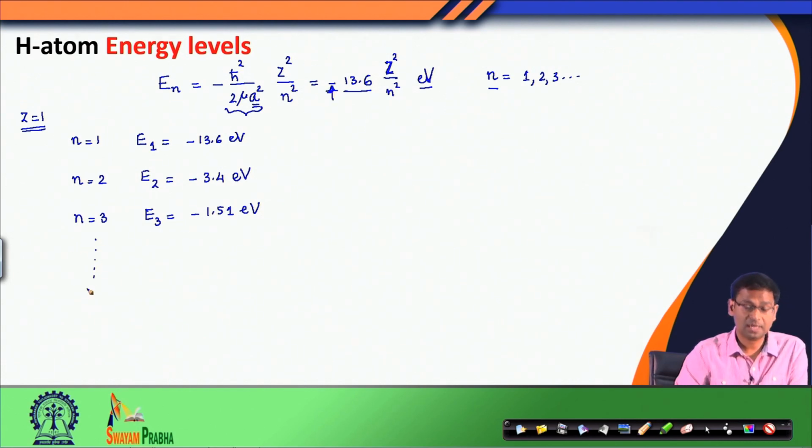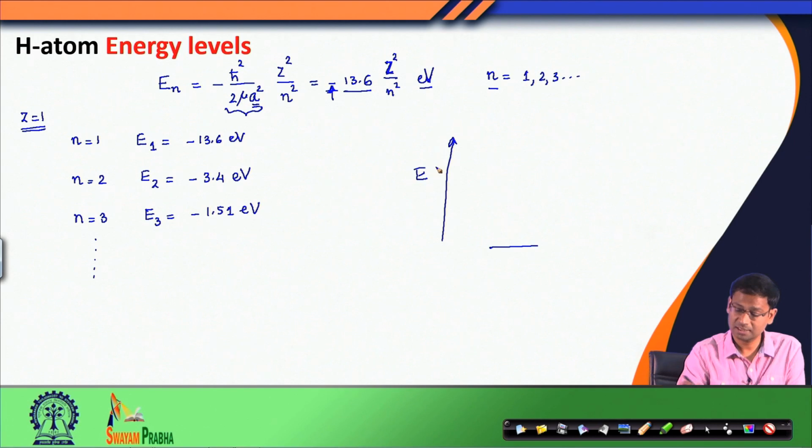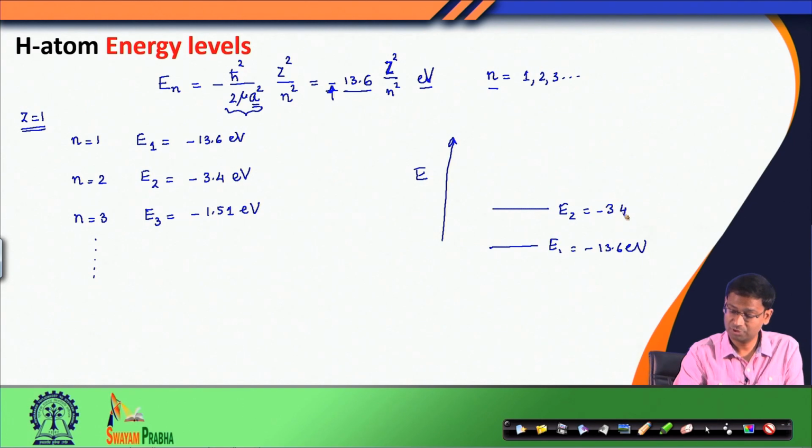Similarly, you can continue with higher and higher values of n. If I have to plot this energy level, this is my energy axis. E 1 turned out to be minus 13.6 electron volt, E 2 minus 3.4 electron volt, E 3 is minus 1.51 electron volt.